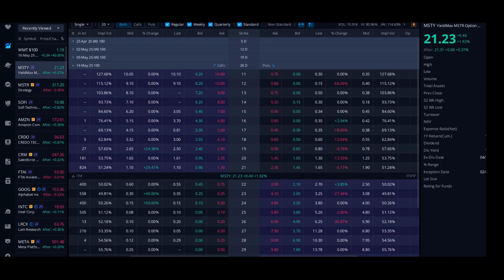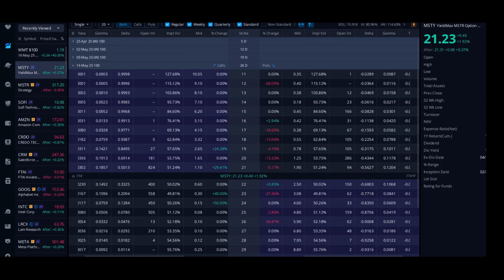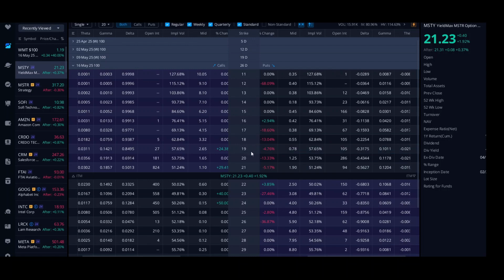And we can also check out the delta by sliding the charts over here. That 19 put has a delta of 0.31. Now that's basically the percentage chance of it being assigned. The smaller the number, the less chance that it has of being assigned, and the larger the number, then of course the more chance to be assigned. Now these numbers are dynamic and they will move as the price moves.